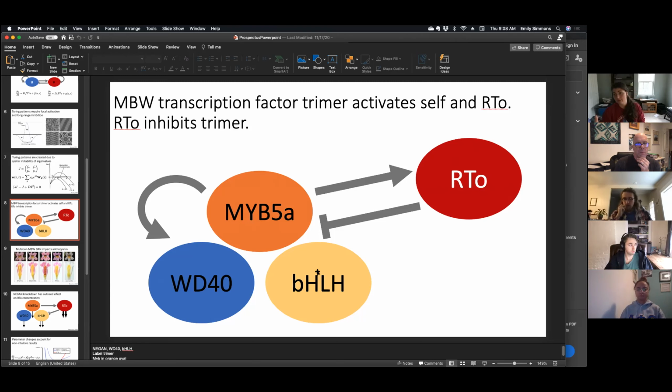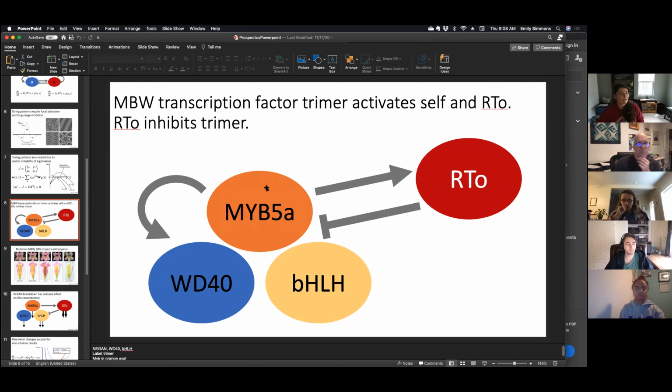So if you think about a chemical reaction, like Chem 101 type stuff, when this RTO binds with the BHLH, it is no longer able to bind with the MYB and the WD40, so it becomes like a limiting reactant. And in so doing, we get this situation where the activator can't function.